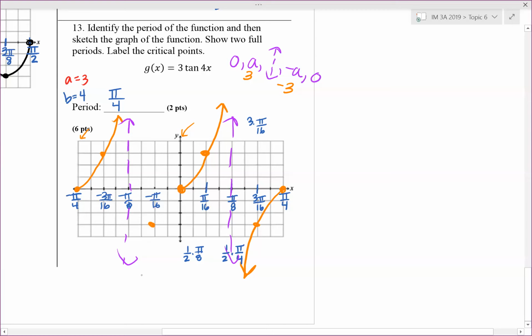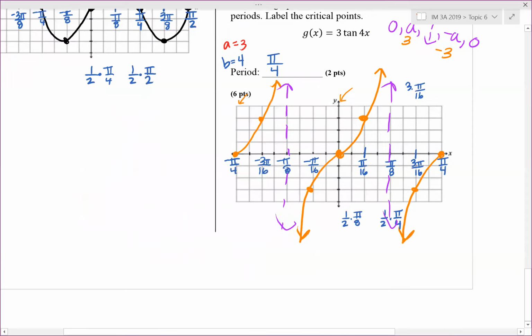Okay, so then this side's gonna go like that. So remember that our visual clue that we're okay is that since A was positive, the slope of these curves is increasing. So it's pointing down on the left, it's pointing up on the right. So that's tangent.